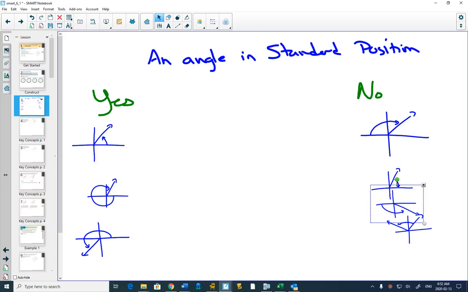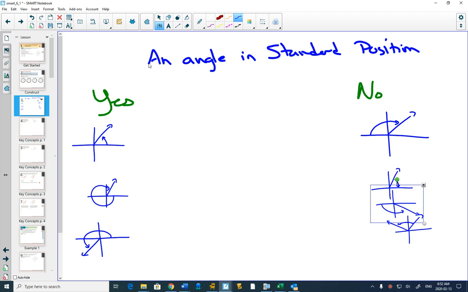So it's important for an angle in standard position to start from the positive x-axis. And it doesn't matter which direction it goes, because this one went clockwise, this one went counterclockwise. We're going to find out that going counterclockwise, like the first example, is a positive angle. Going clockwise, like the second example, will be a negative angle.